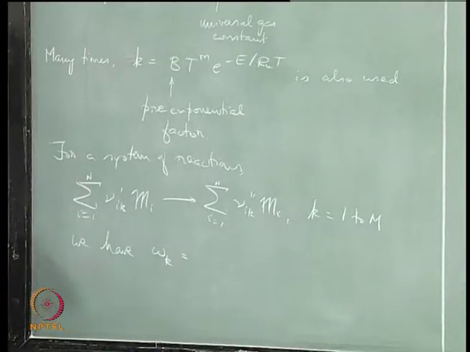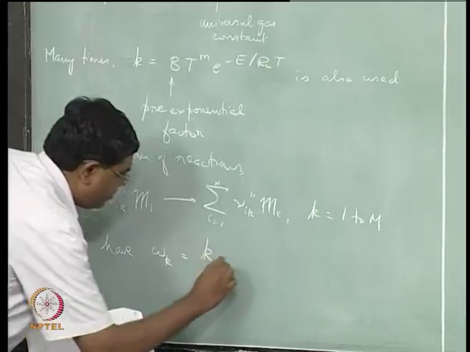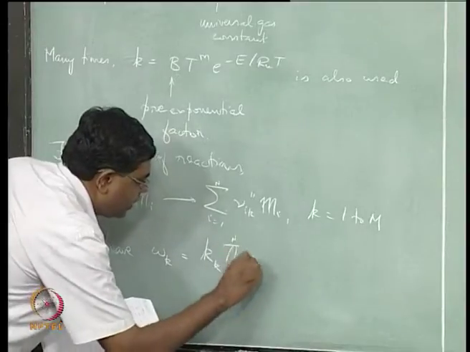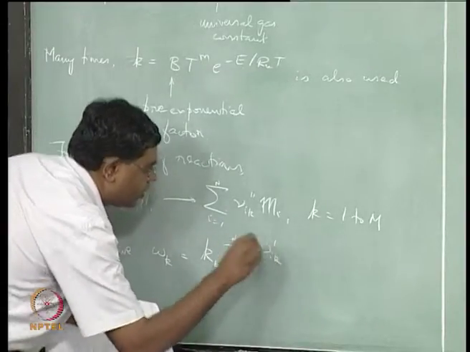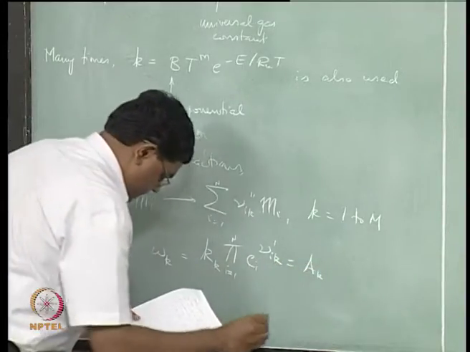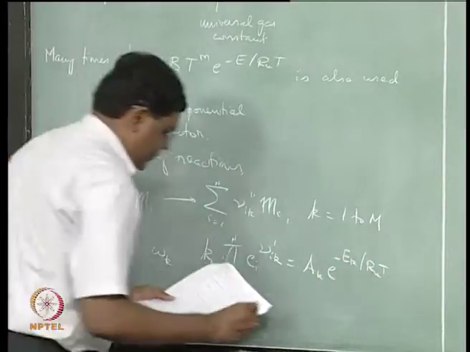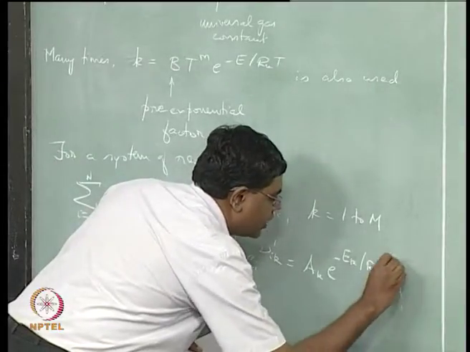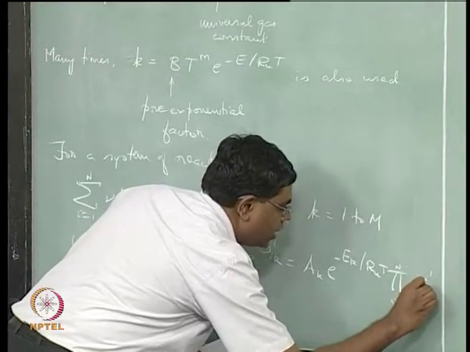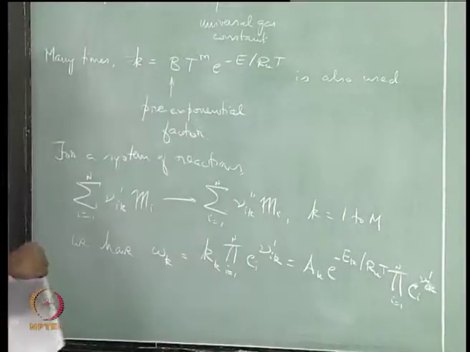Okay, so the reaction rate for the kth reaction is equal to k_k product over i equals 1 to n of c_i to the nu_ik single prime, and that's equal to A_k e to the minus E_k over R_u T, product over i equals 1 to n of c_i to the nu_ik single prime, right.